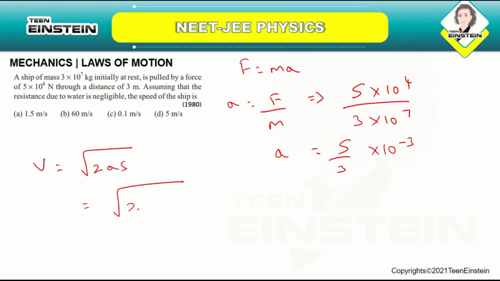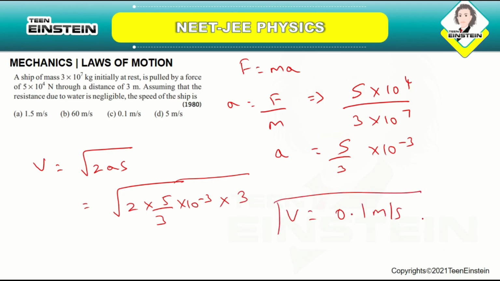So it is equal to root 2 into 5 by 3 into 10 power minus 3, and the distance moved is 3 meters. So you will be writing it as 3, and if you solve this, you will be getting the v value as 0.1 meter per second. So the speed of the ship is 0.1 meter per second. So the correct answer is option number C.